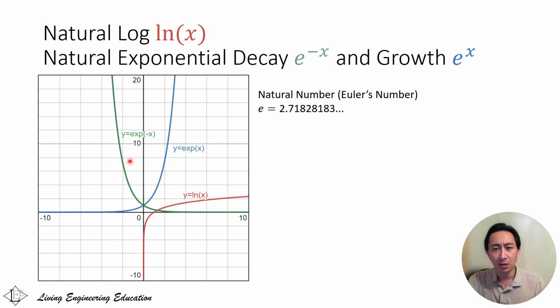So you'll see growth and decay, and you can see that you have a horizontal asymptote here and a vertical asymptote here, and a horizontal asymptote here. And you can shift them, right?